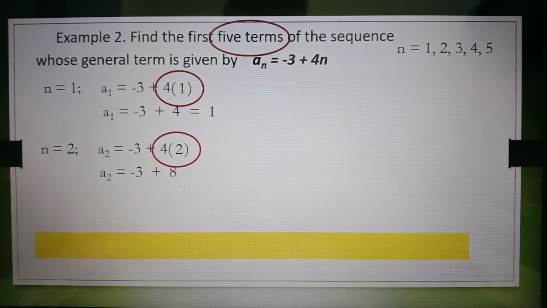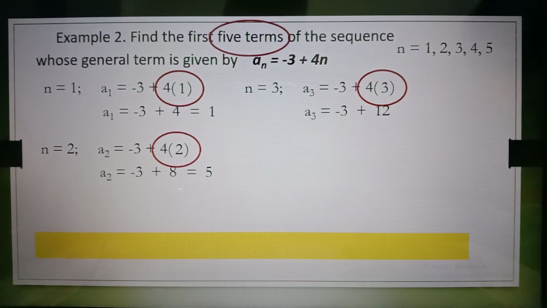So combine negative 3 plus 8, we have 5. When n is equal to 3, a sub 3 equals negative 3 plus 4 times 3. Then multiply, we have 12. So combine, negative 3 plus 12 is equal to 9.